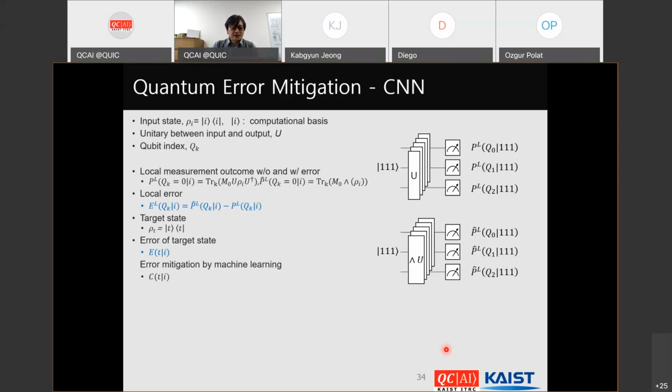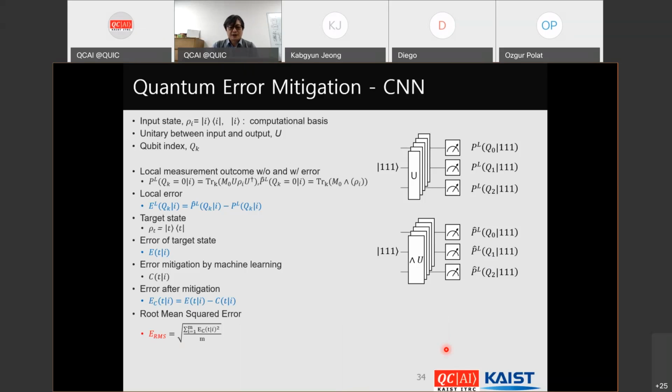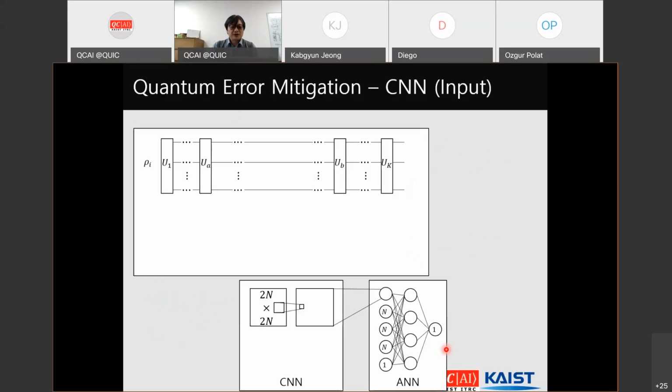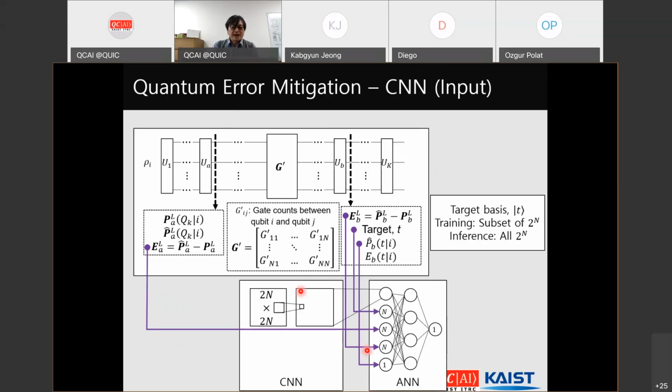As I just discussed, we introduced the same type of ideas, but in this one we introduced a convolutional neural network design, and the gate configurations are fed to the convolutional network.